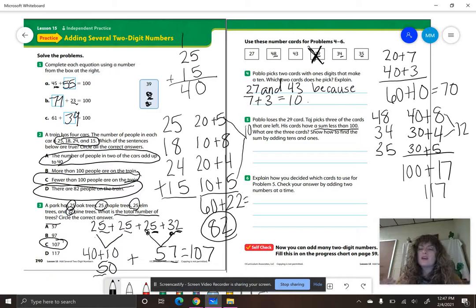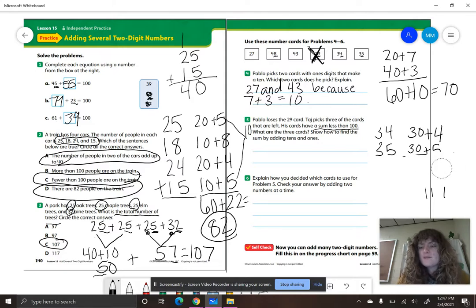I want to keep 34 and 35, so I'm going to try it again, but I'm going to take 48 away and add a number that is smaller than 48. 48 was too large. So I have 34 plus 35. My options that I could use are 43 and 27.